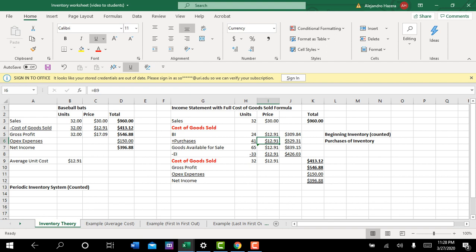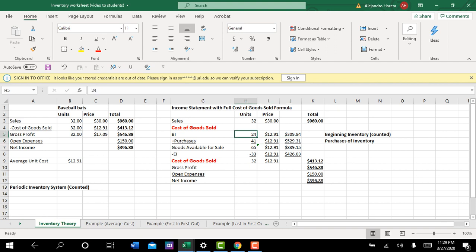So the total 41 bats that the company purchased for its inventory for the purpose of reselling, at a cost, it says price, but it's really cost, of $12.91. So the total cost of these purchases was $529.31.